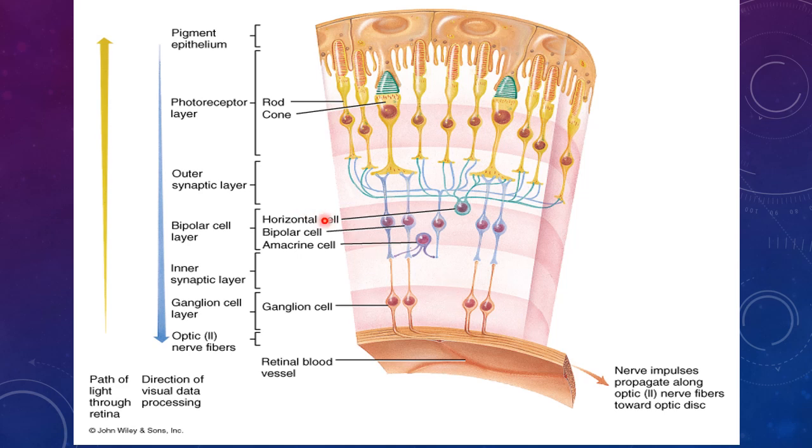The association neurons are also present. These association neurons are the horizontal cells, the amacrine cells, and interplexiform cells. These three types of neurons, which are the association neurons, we will appreciate in the inner nuclear layer.